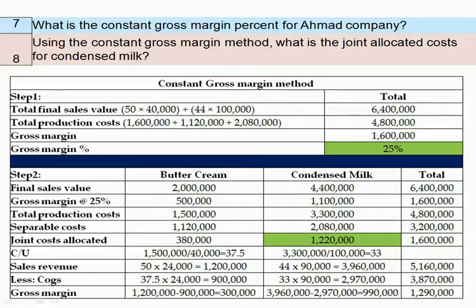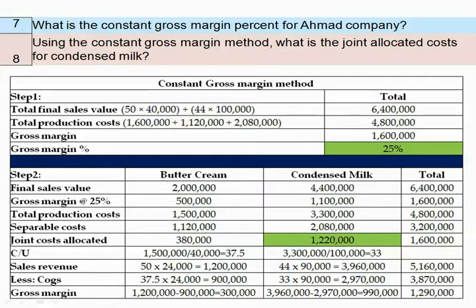So total production costs equal 2 million minus 500,000 equals 1,500,000 less separable cost 1,120,000 equals joint cost allocated for buttercream 380,000.